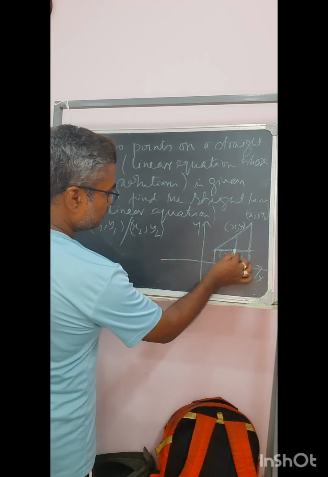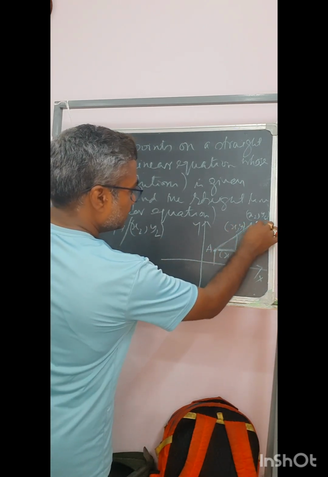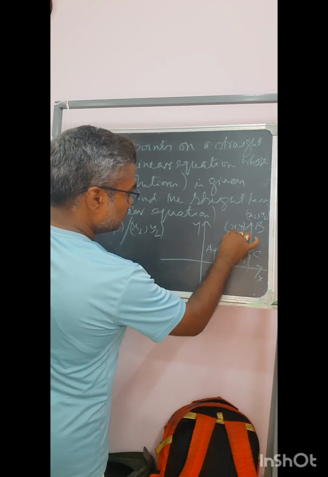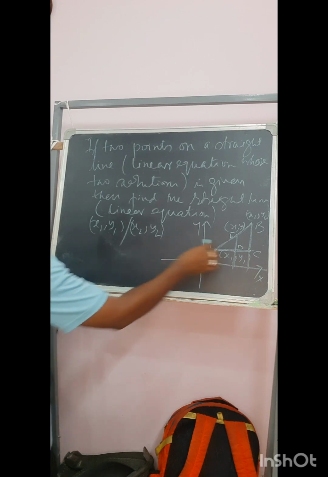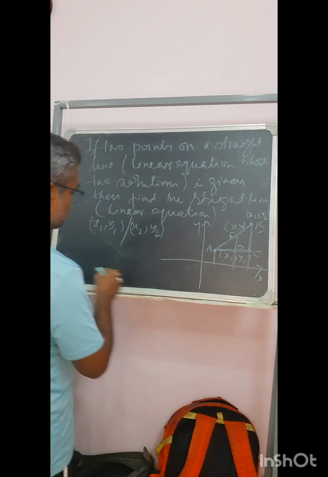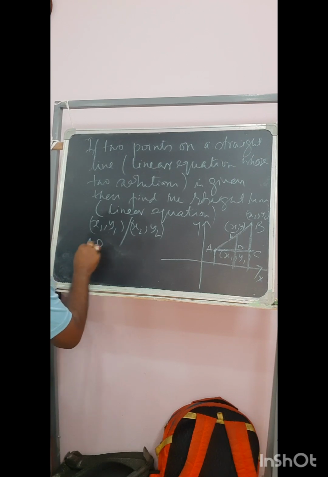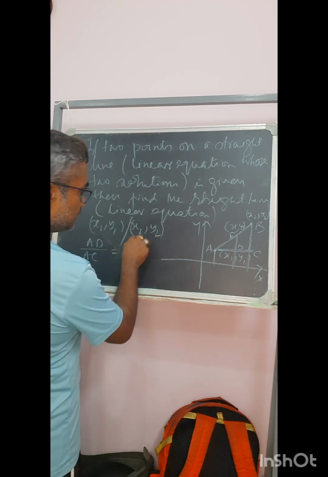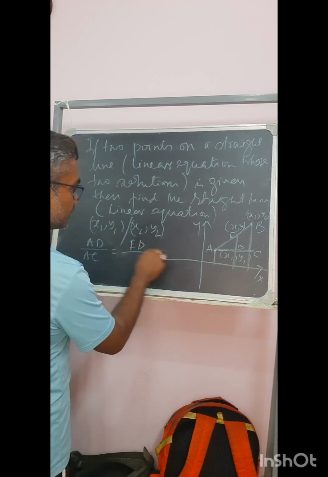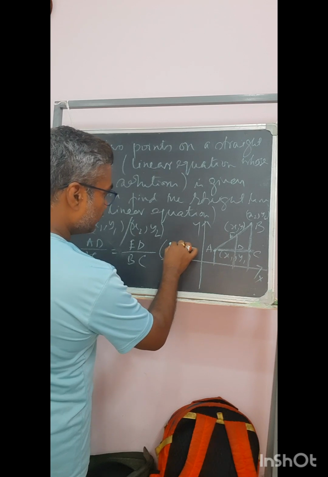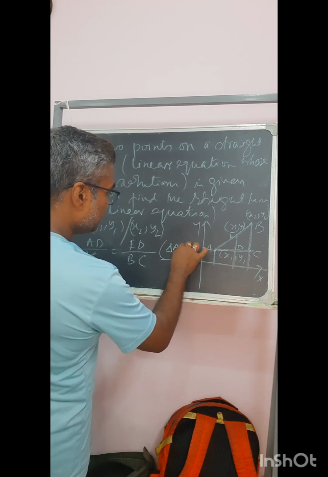So if I take this, let's say this is A, B, C, D, E. As these are vertical lines and this is also parallel to this, AD is to AC equal to ED is to BC, from the similarity of triangles AED and ABC.